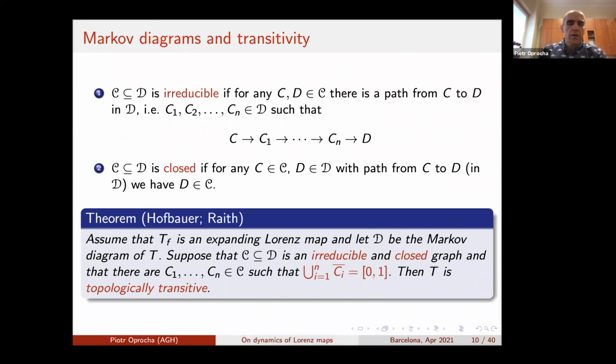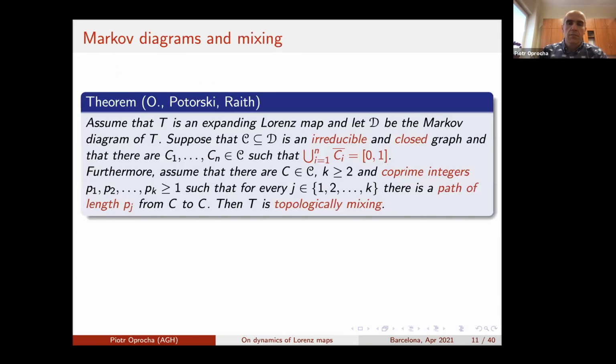This was Hofbauer's result, and because it looks very similar to what you have for shifts of finite type, it's not hard to imagine what we thought. The first impression is: let's look at the conditions for mixing for shifts of finite type and try to apply them here. And here you have a condition which is completely analogous.